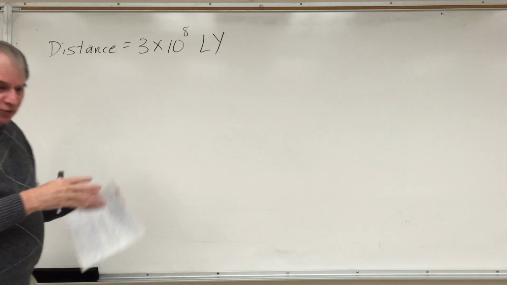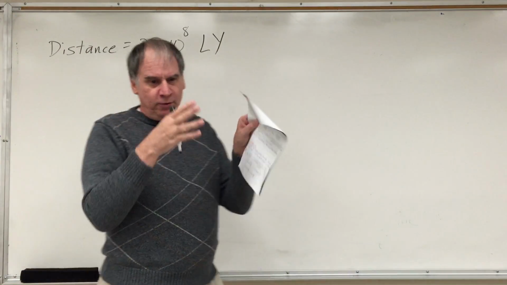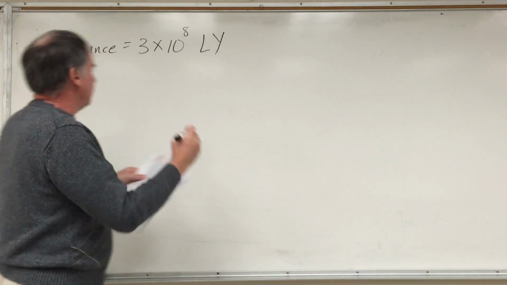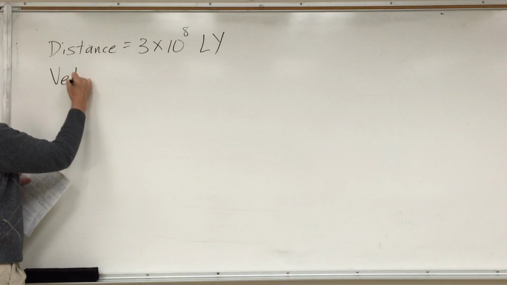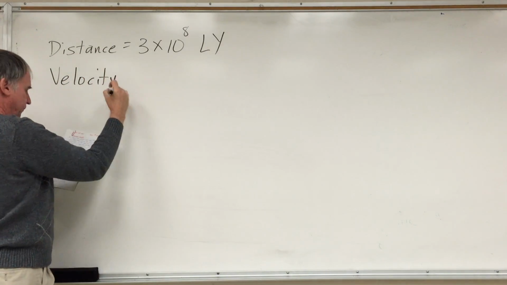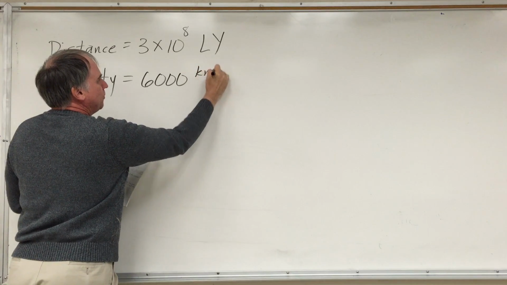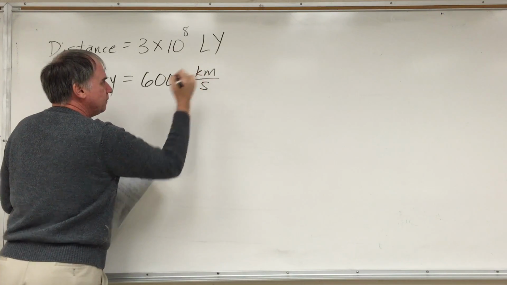The two galaxies are moving apart from each other. They've moved that far apart. The speed with which they're moving apart is given in the problem. That's the velocity. 6,000 kilometers per second.